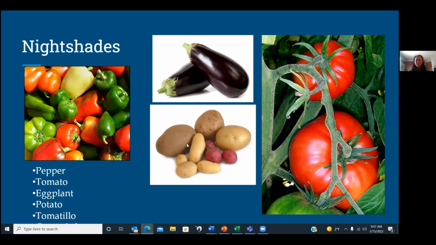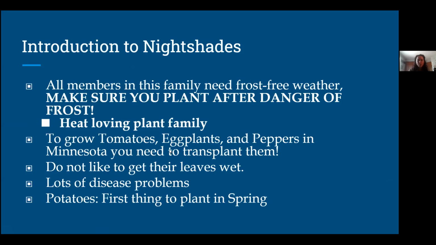Okay, so back to nightshades. They are heat-loving plants, a little bit more prone to diseases, but we'll get into that. So, introduction to nightshades. All members of this family need to be in frost-free weather, so make sure you're planting them after the danger of frost.